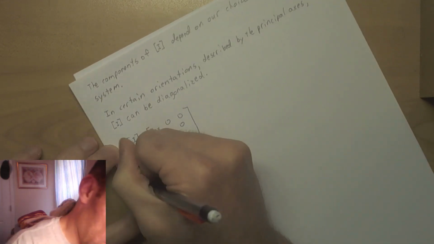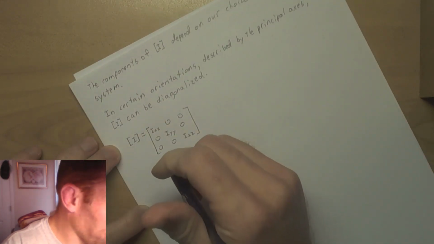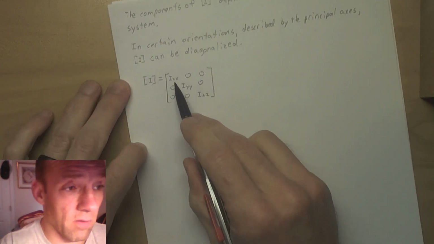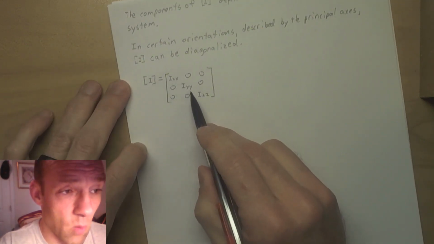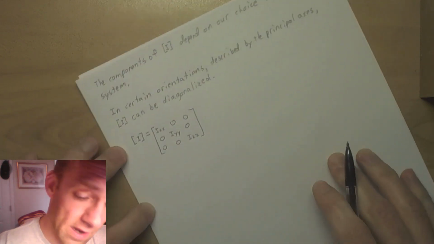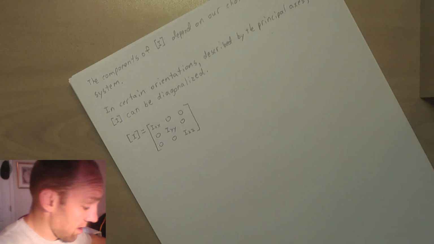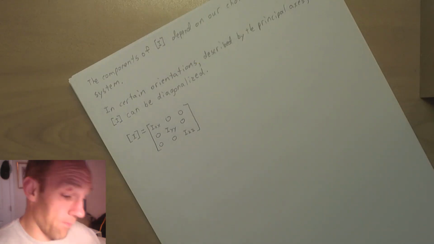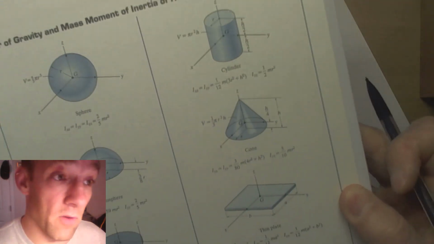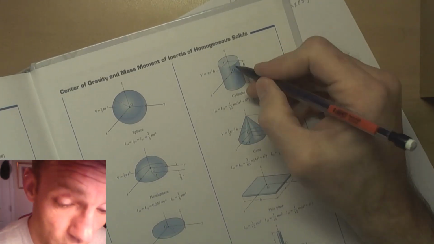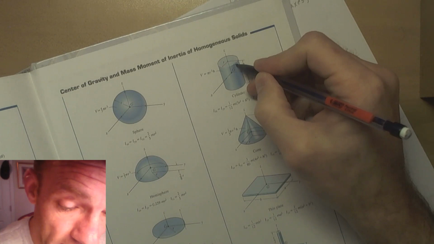So we calculate something called the moment of inertia. Now remember, these are individual moments of inertia. This is about the x-axis, this is about the y, and this is about the z. But what if we need it about some arbitrary axis? Say we need the moment of inertia of this cylinder, but on an axis that's oriented in some random way.